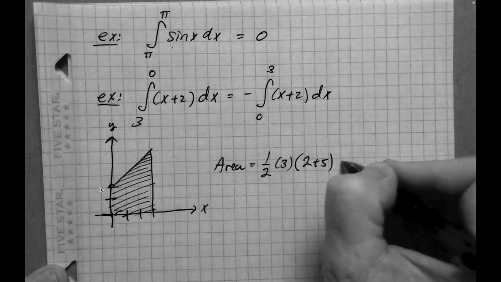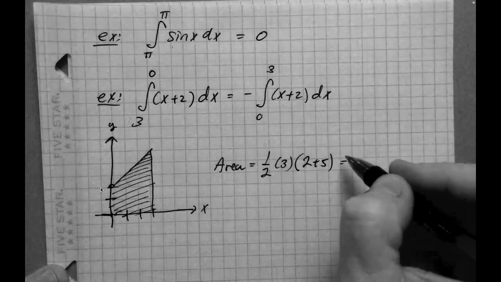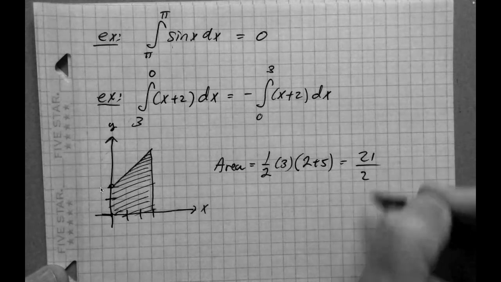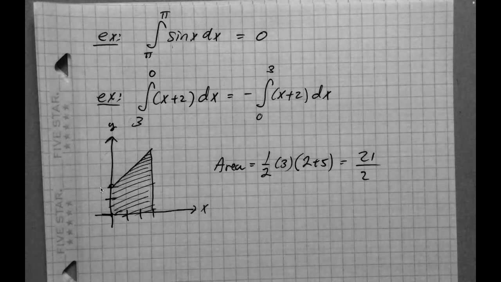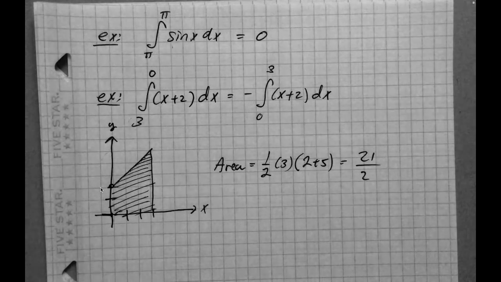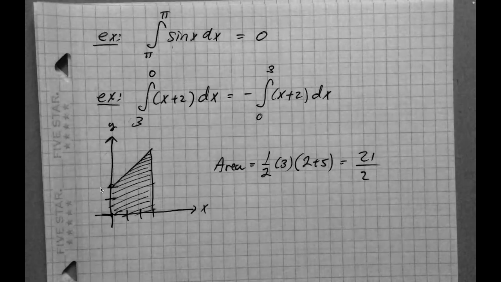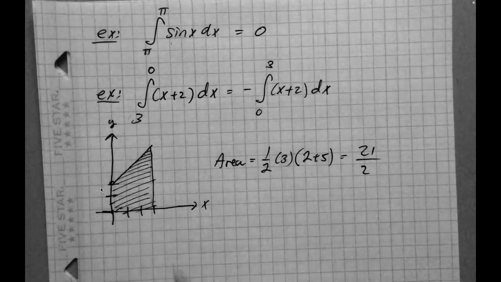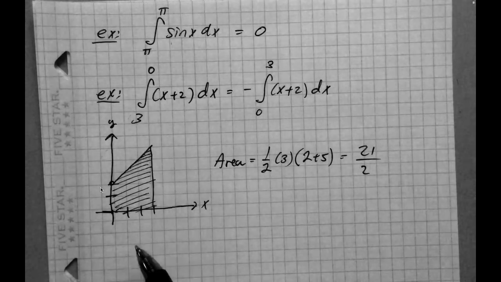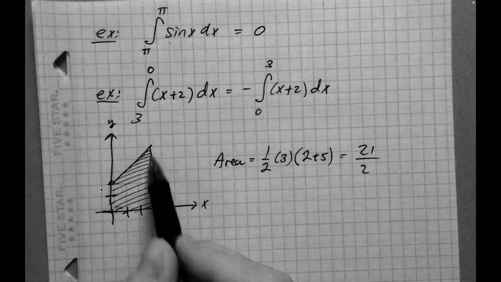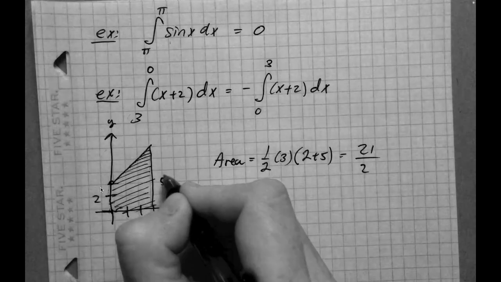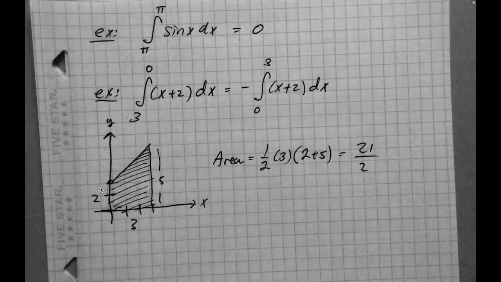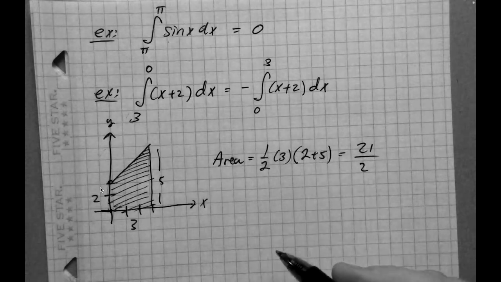So that would be equal to, let's see, 3 times 7 is 21 on the top, 2 on the bottom. So 1, 2, 3, it's the height, and then it's 2 here and 5 here. 3 is the height, and then it's always 1/2. That's the formula for the area of a trapezoid.